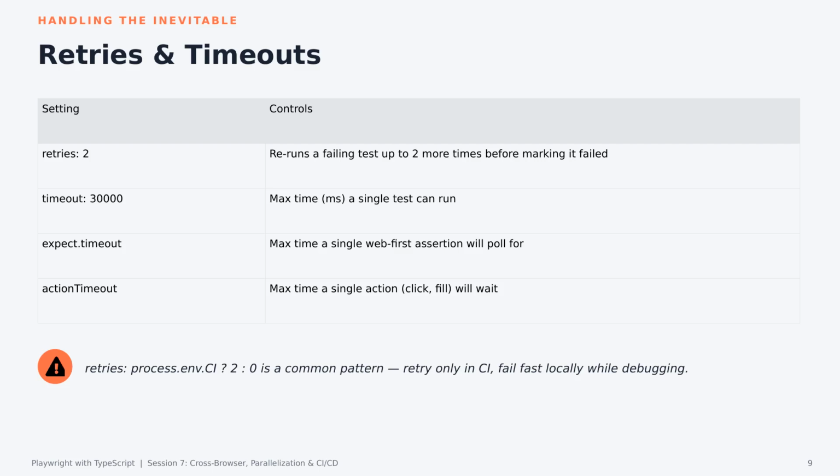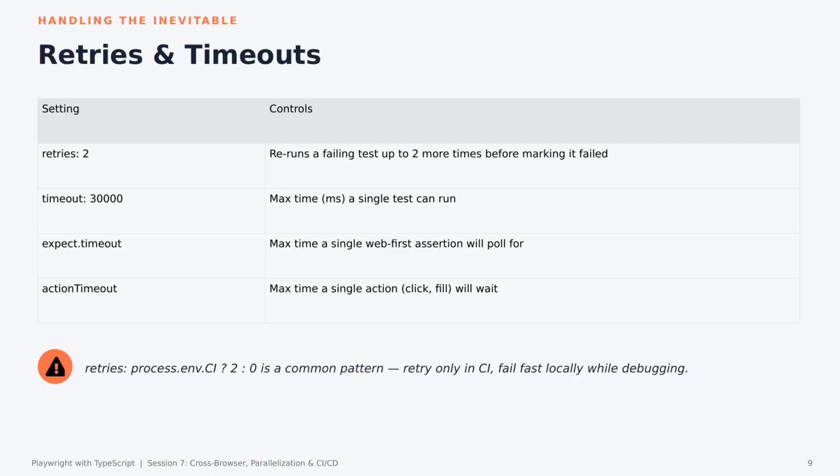Let's talk about handling the inevitable, because no matter how careful you are, some amount of flakiness happens. retries: 2 reruns a failing test up to 2 more times before it actually gets marked as failed for good. timeout: 30,000, the maximum time in milliseconds a single test is allowed to run. expect.timeout, the maximum time a single web-first assertion will poll for before giving up.